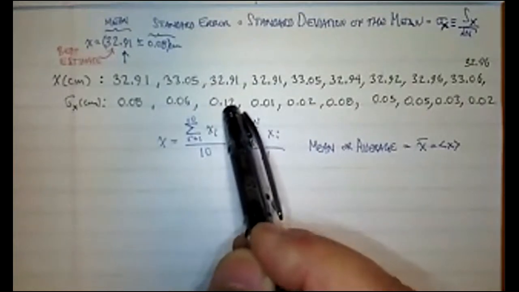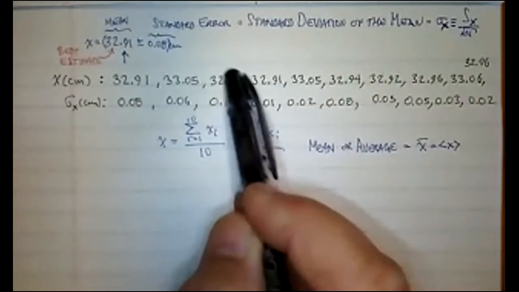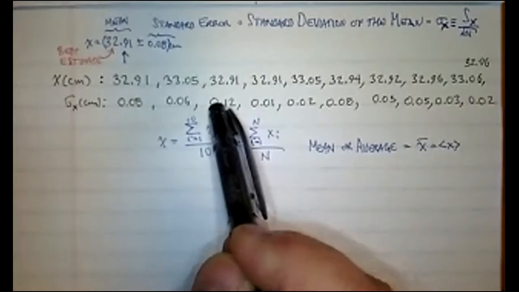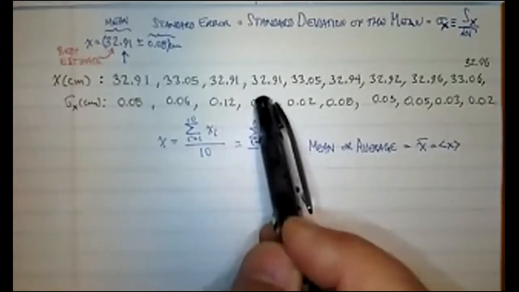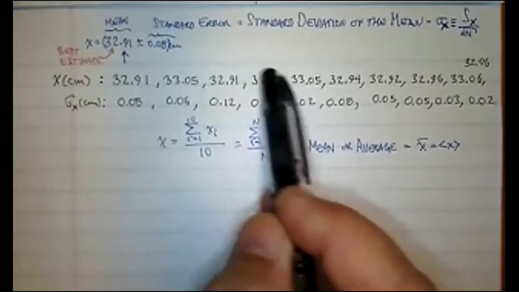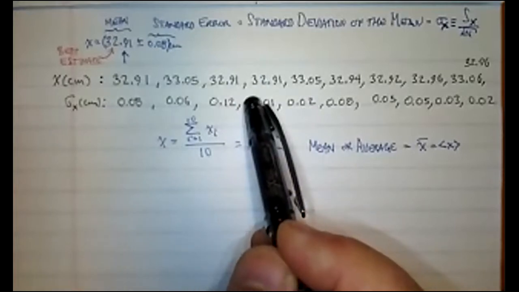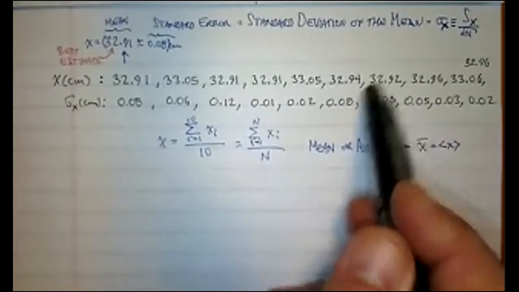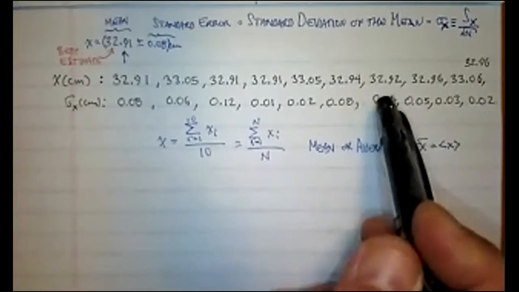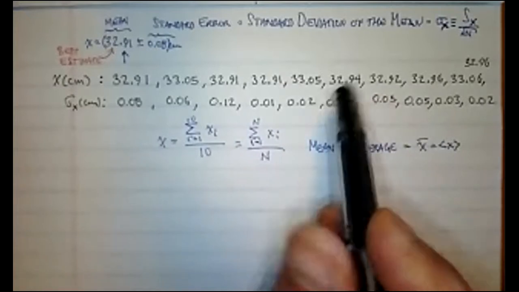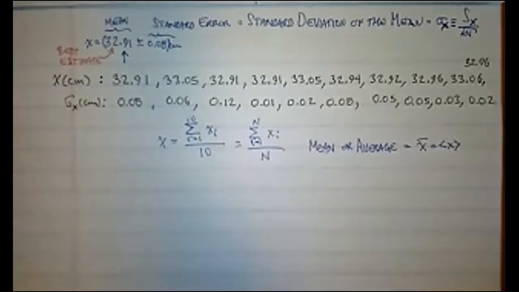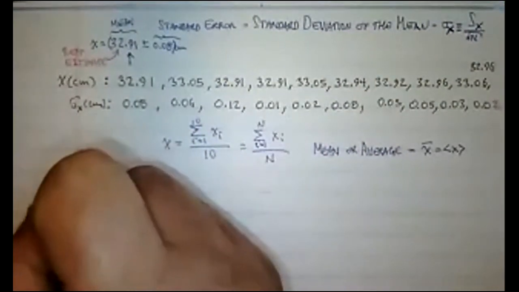If this group got an error of 0.12, this data point shouldn't have that much weight. Whereas this group got an error of 0.01, that should have a lot of weight, right? And then maybe this group right here should have about a medium amount of weight. So really, the other average is the weighted average, or the weighted mean.